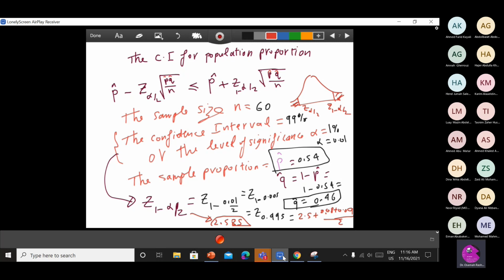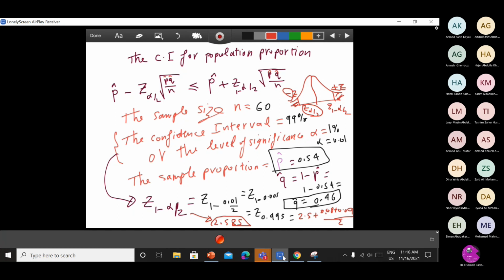So this is the negative Z, and this will be the positive Z. If you don't have a Z table for negative, you go for the positive Z table to get Z alpha over 2, because the shape is symmetric. So the same value for Z, but a different sign.